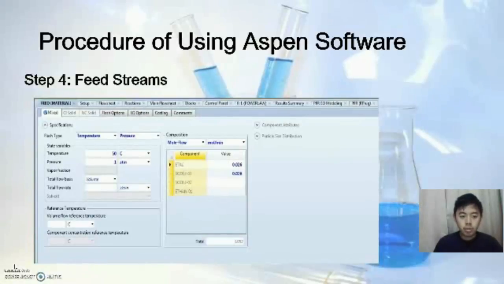Next, the parameters of the reaction are set. The temperature of the reaction is 50 degrees Celsius, the pressure is set to 1 atm, and the compositions are set to 0.026 mol per minute for ethyl acetate and sodium hydroxide.